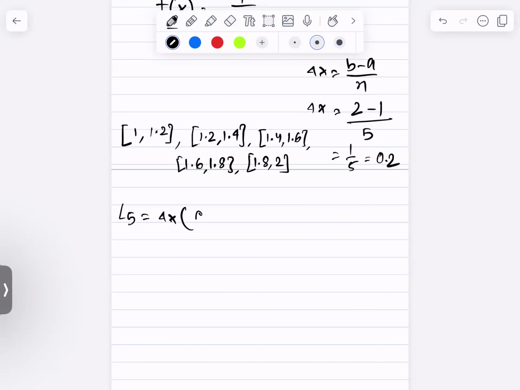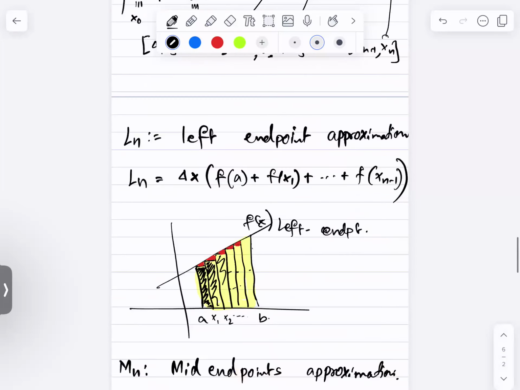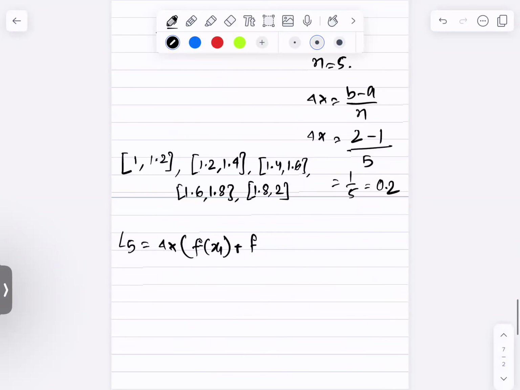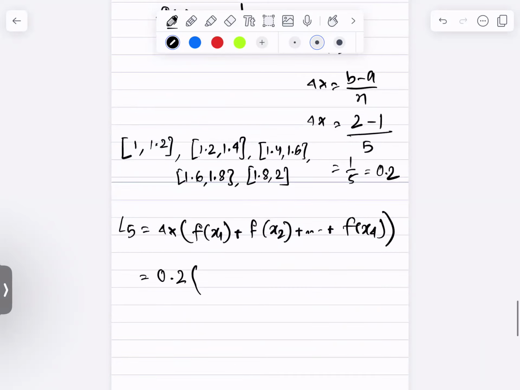So the formula goes like delta x times f of x1 plus, x2, and so on, plus f of x4. What is this? Delta x is 0.2. f of x1, what is x1?